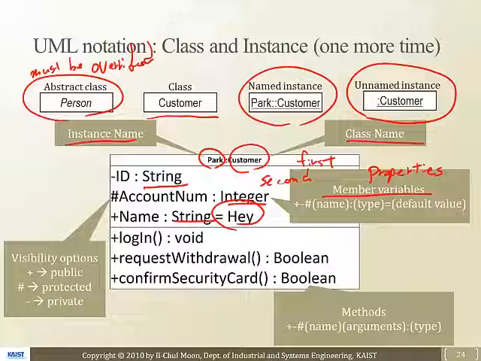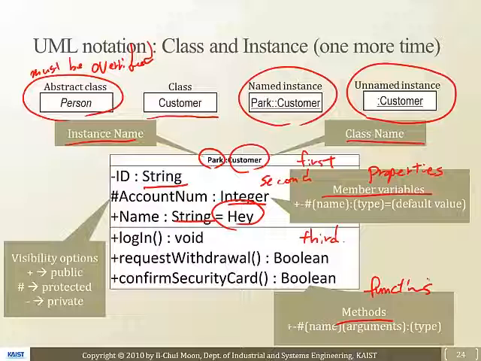In the third box, these are the methods, a collection of functions, right? We have the login function, the request withdrawal function, and the confirm security card function. So these 1, 2, 3 boxes make up a single class diagram.